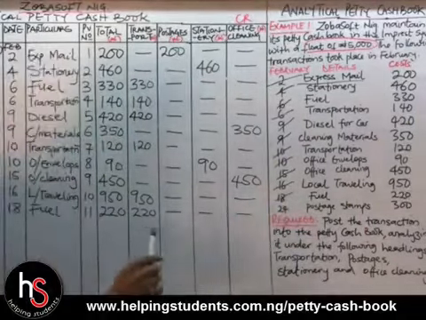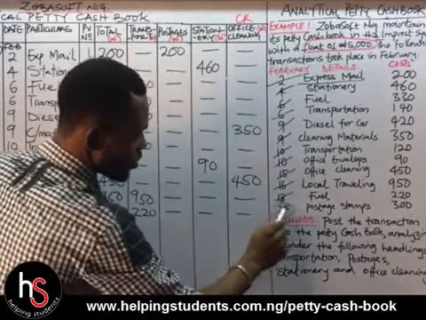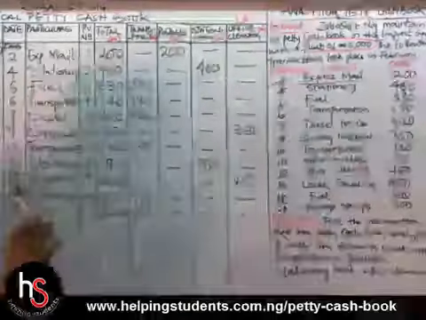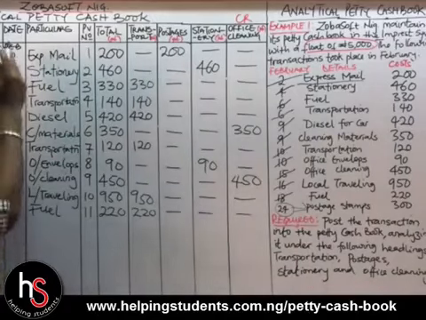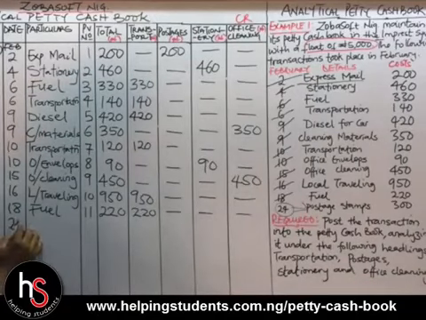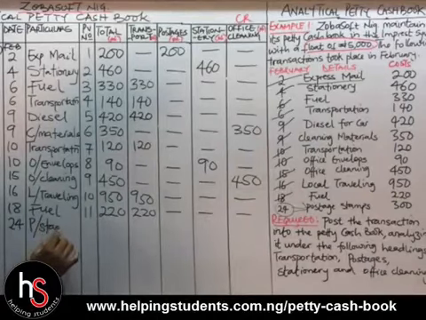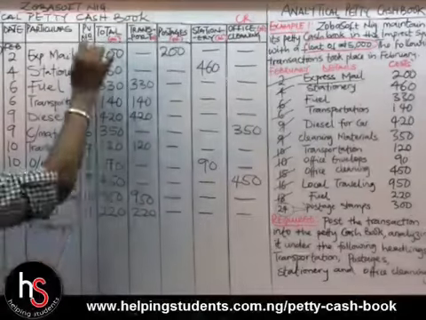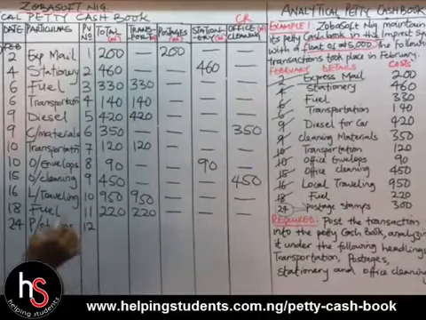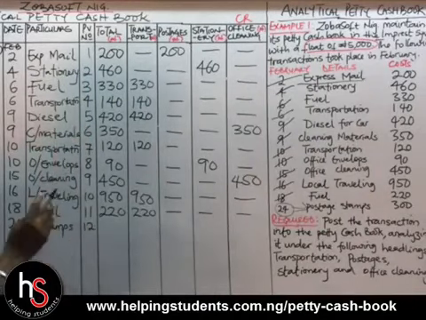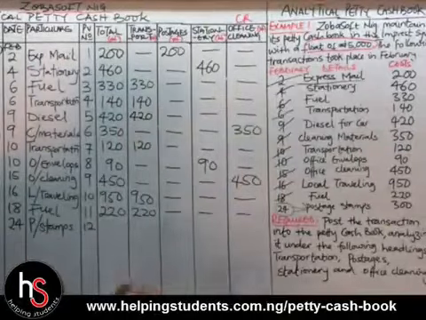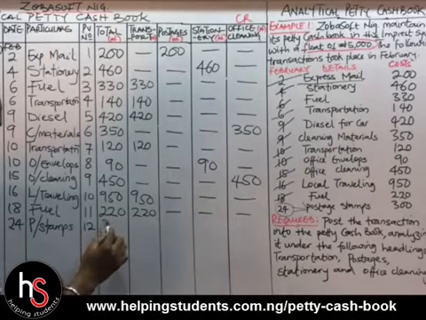And the last on the question is on the 24th, we have what? Postage stamps. We'll come under your dates again. We'll have 24th. Postage stamps. The PV number will be 12. Why is it 12? It is the 12th transaction we are recording on the credit side. And how much is it? 300.